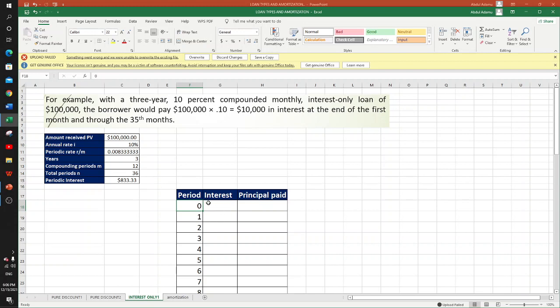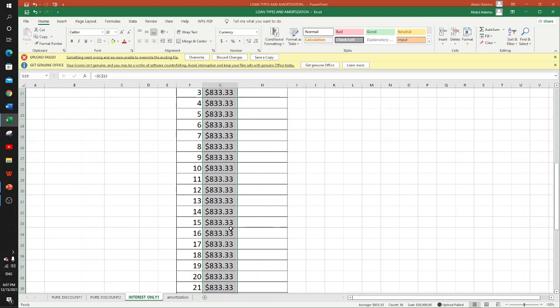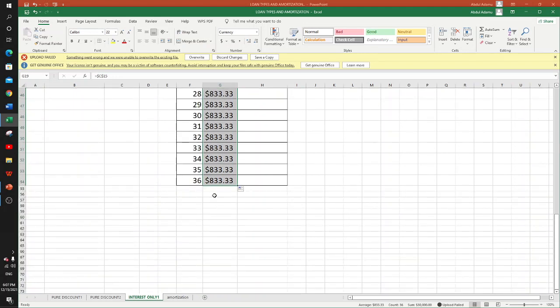So no interest the first period. We have interest equal to this throughout the period. So let's lock it, F4 to lock it, enter. So we'll copy this down. Just double click here. So this is the same interest that will continue to be paid up to this period.